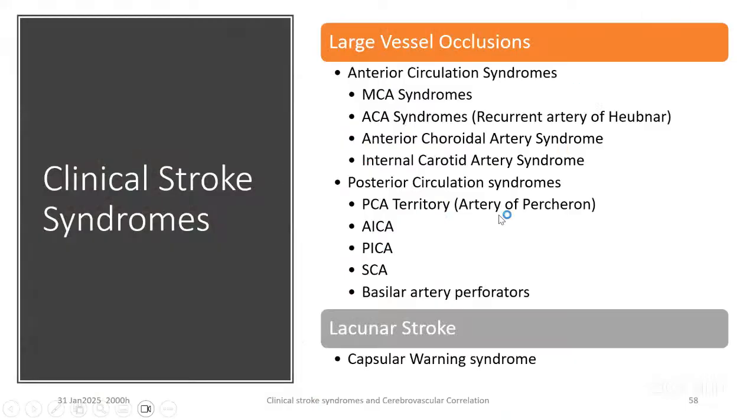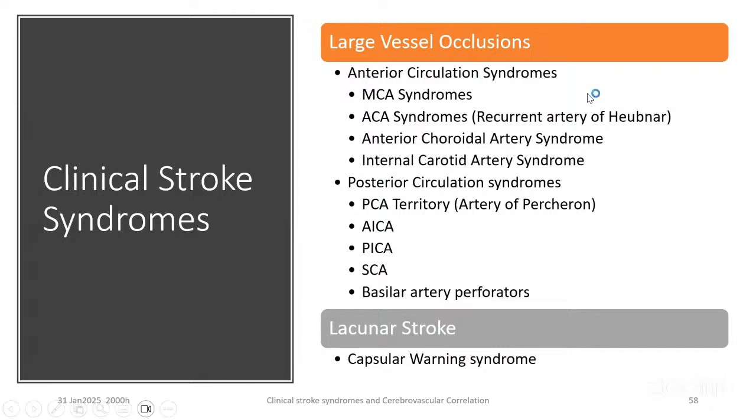So now let us look at the clinical syndromes. There are large vessel occlusions, there are lacunar strokes. Anterior circulation syndromes: that is middle cerebral artery syndrome, anterior cerebral artery syndrome, including recurrent artery of Heubner, anterior choroidal artery syndrome, internal carotid artery syndrome. These are large vessels that get occluded and cause devastating defects.